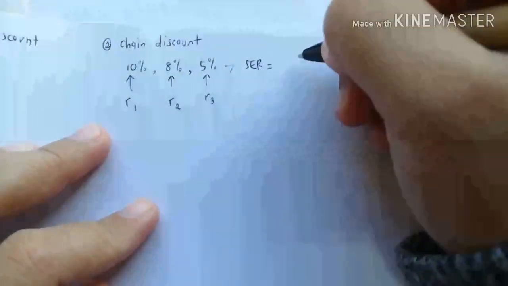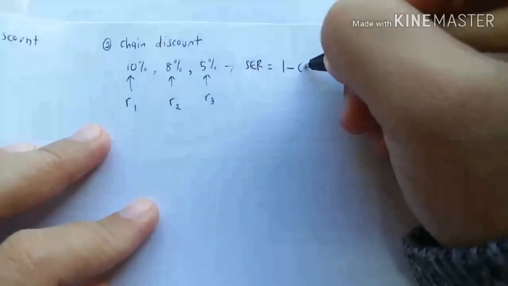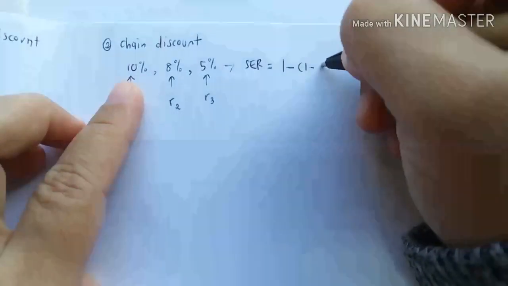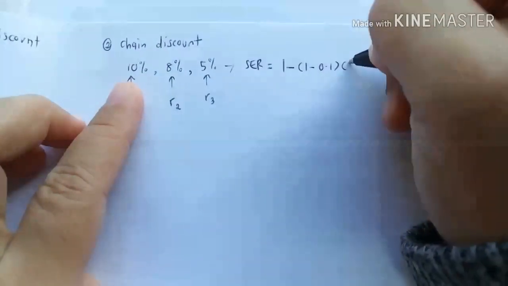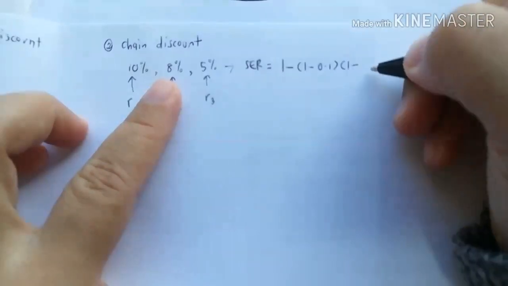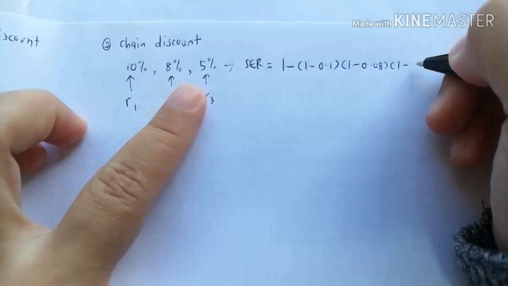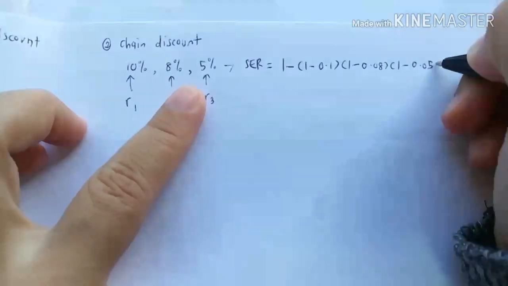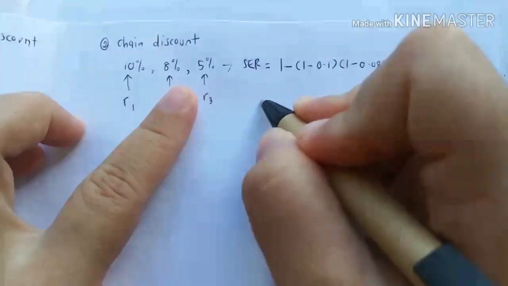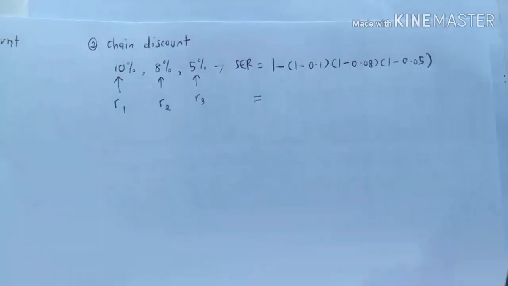Okay, SER equals 1 minus R1, which is 10%, 0.1, times 1 minus R2, 0.08, times 1 minus R3, 0.05.